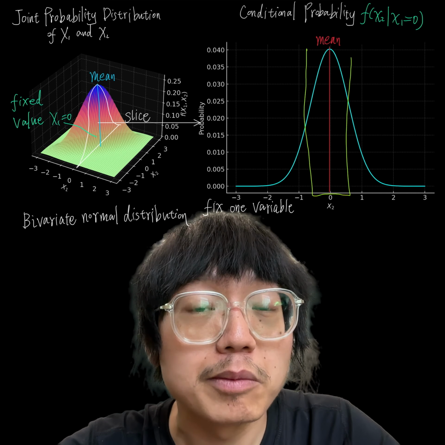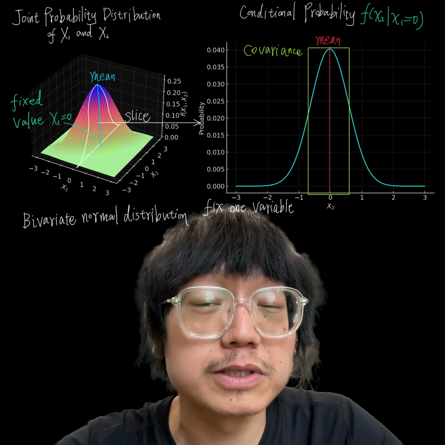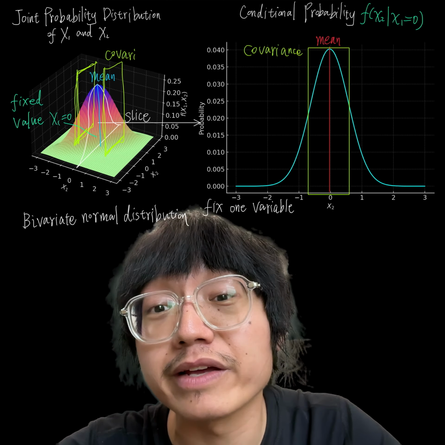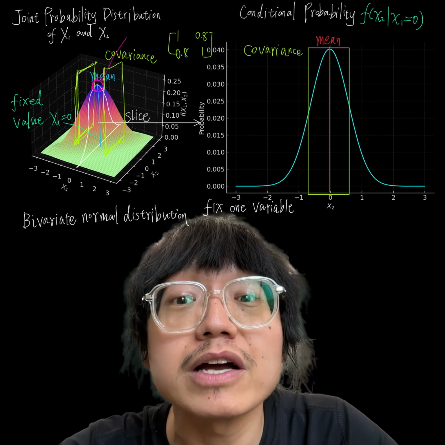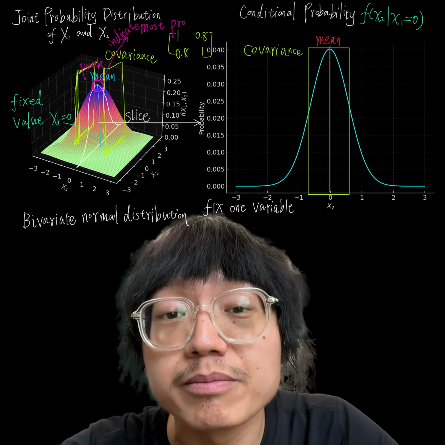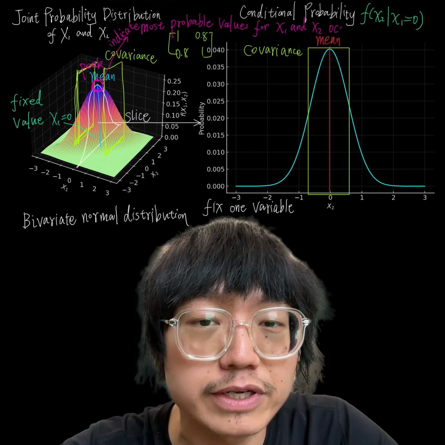The joint probability distribution of x1 and x2 shows how the probability density varies across different values of x1 and x2, and the peak indicates the most probable values for x1 and x2 occurring together, which is influenced by the correlation as described in the covariance matrix.